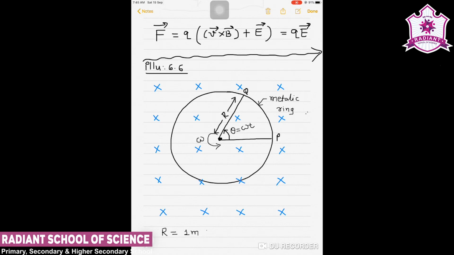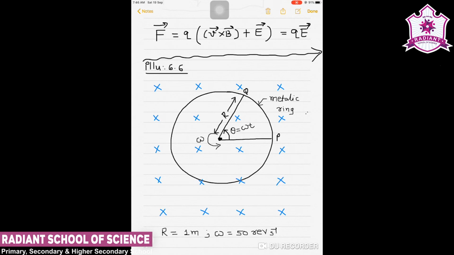Here we are provided omega. When we apply the frequency term, we consider that omega is equal to 2 pi f.